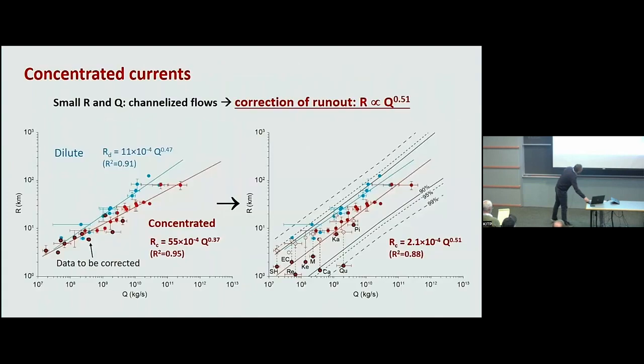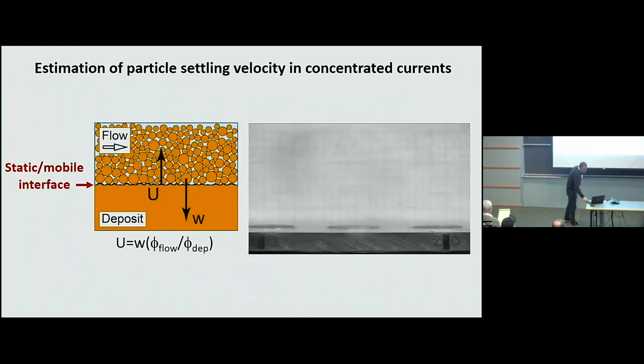So I remind you that we are also interested in the ratio of the flow rate divided by the settling velocity. So what about the settling velocity in concentrated currents? The problem is that we have no means to calculate this velocity because this issue is poorly known. But in principle, these currents obey the same principle as the dilute currents.